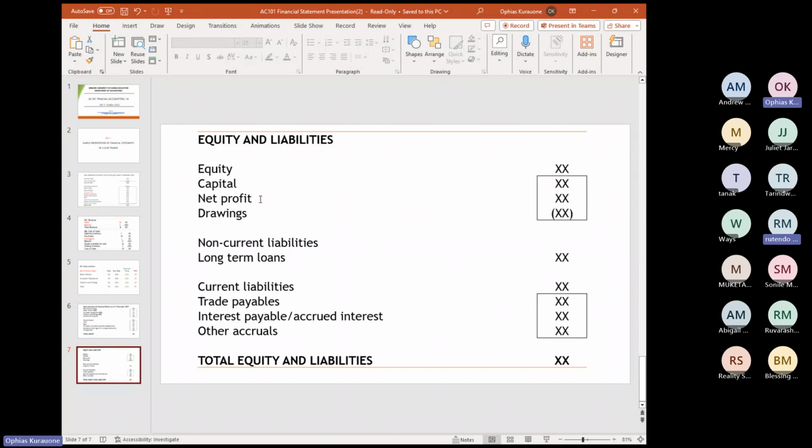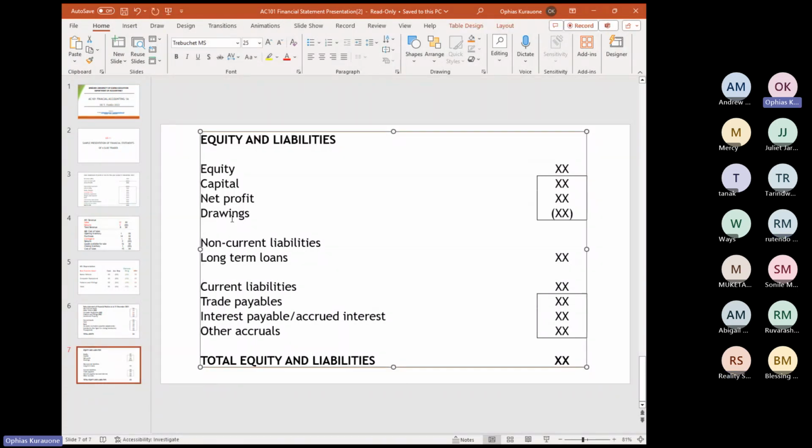Drawings is whereby the owner of the business takes money, or even stock, for personal use. Drawings reduce the capital. That's the rule: drawings reduce capital.